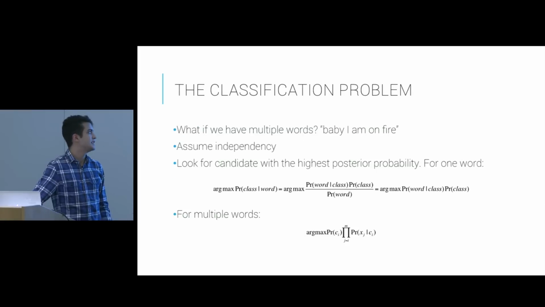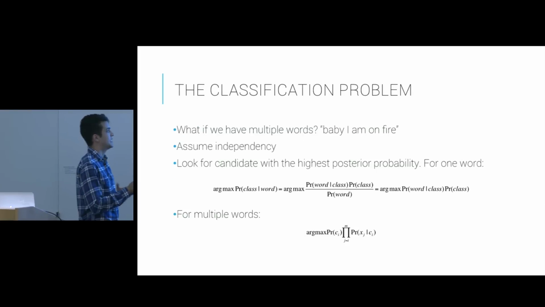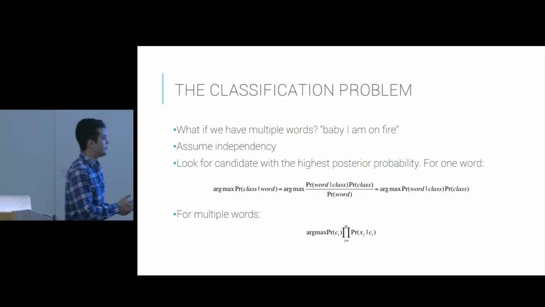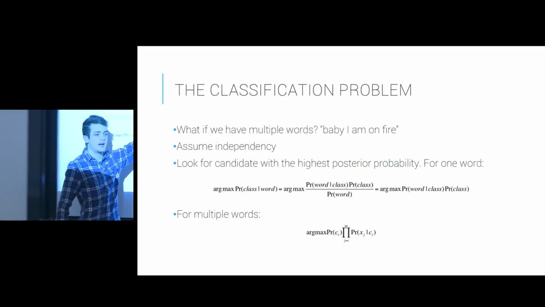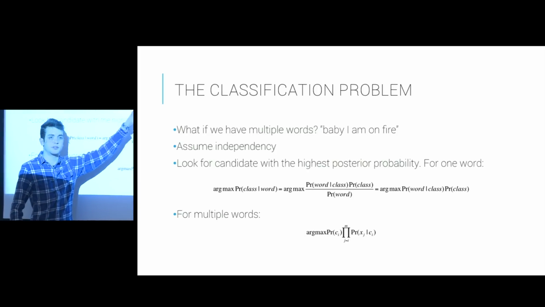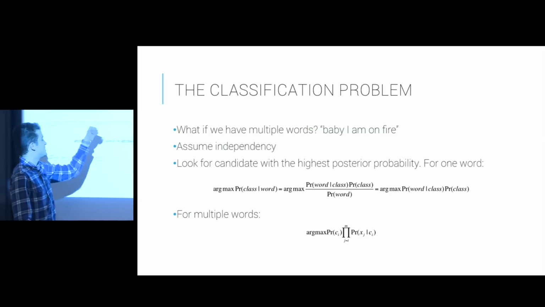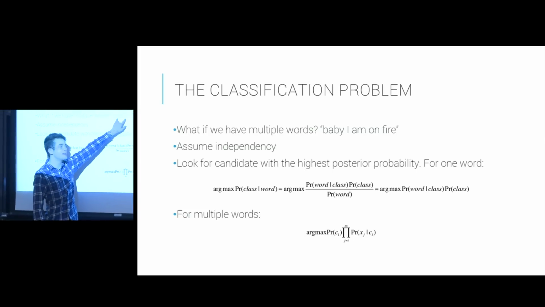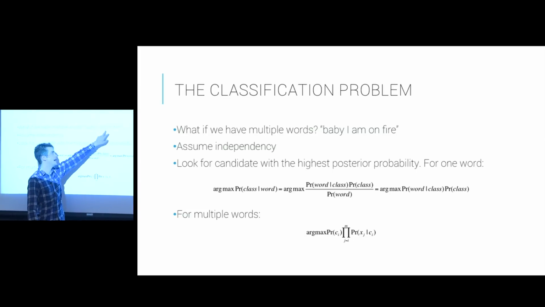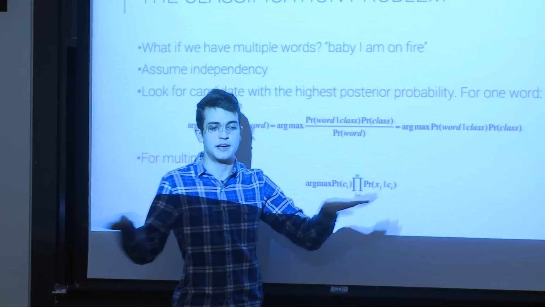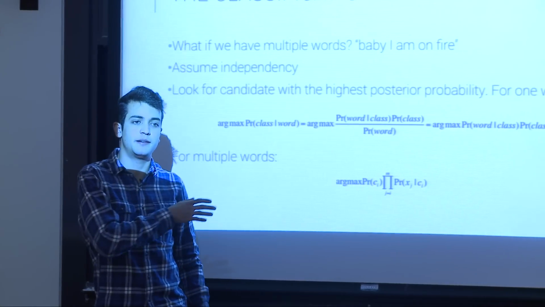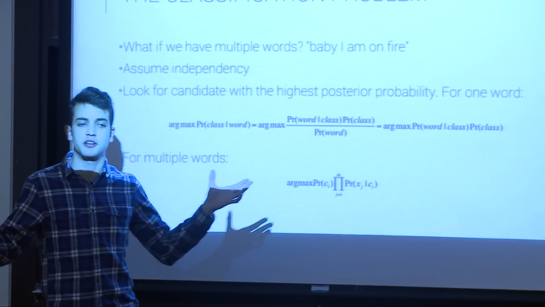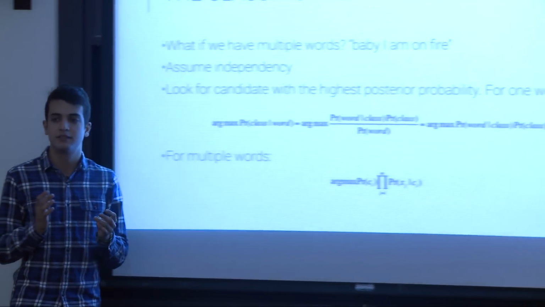So it's getting trickier, because you almost have a tie between the two. So what you have to do is assume independence among the words. Basically, I'm calculating the probability of seeing baby, the probability of seeing I, and am, and on, and fire, all separately. Then I multiply all of them, and I see the probability of seeing the whole sentence. Make sense?